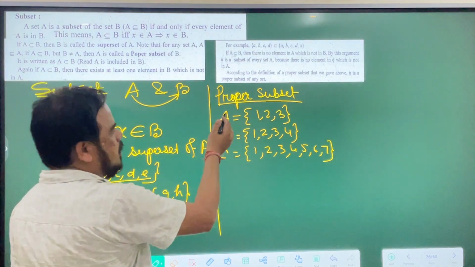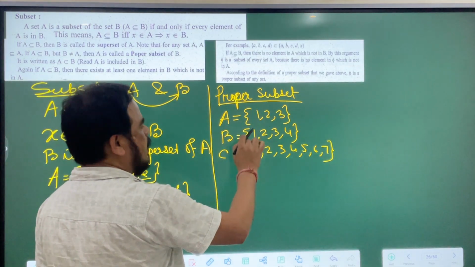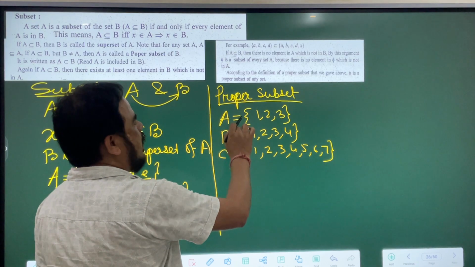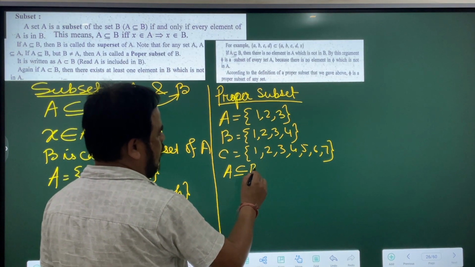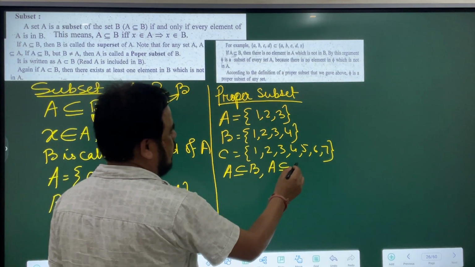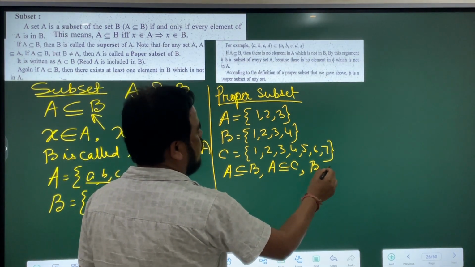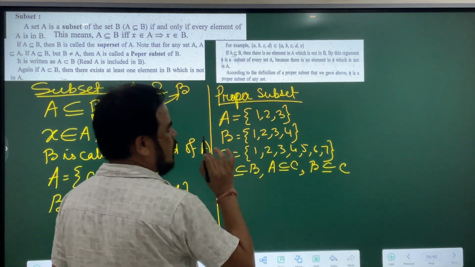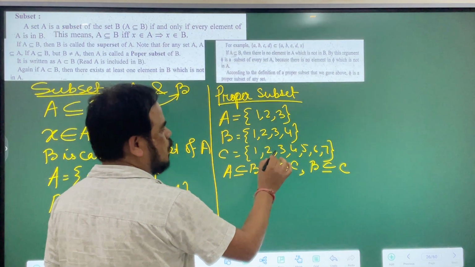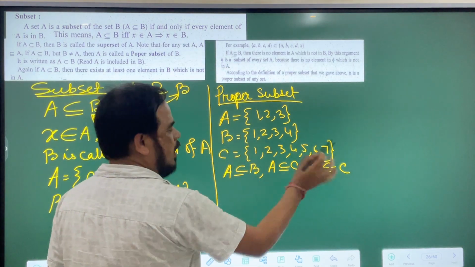Now A is subset of B because all the elements of A are present in B. A is also subset of C. Okay, let us write. A is subset of B. A is also subset of C. And B is also subset of C, with all the elements of B, 1, 2, 3, 4, also present in C.